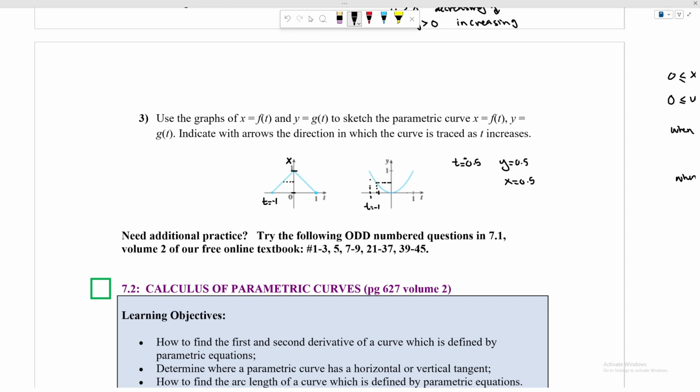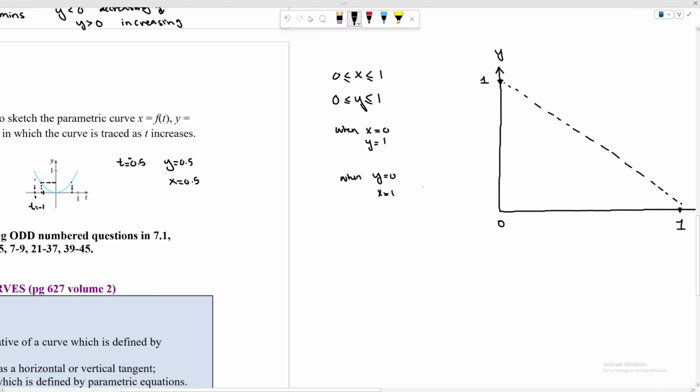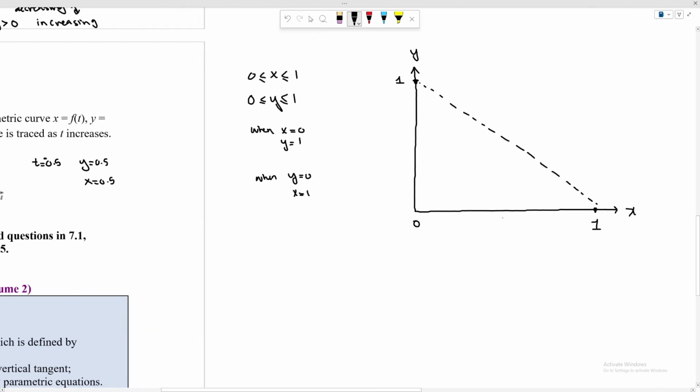And when t is 1, we also have y equals 0.5, and same with x. So we know they also meet at some point in the middle. So if I go like this, and somewhere here, that's the middle point, let's say, right? And that's how we got it.